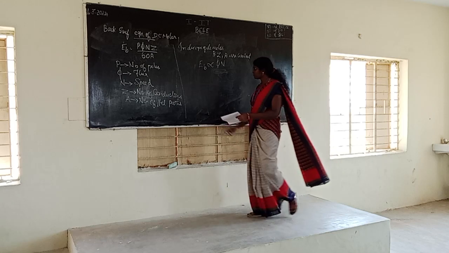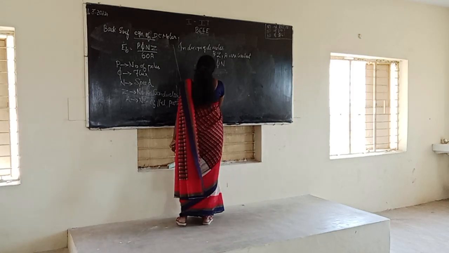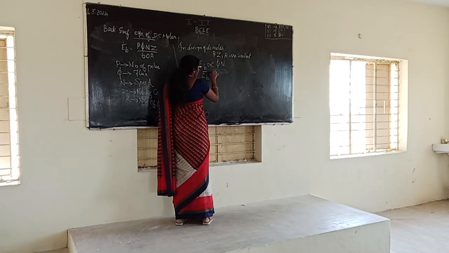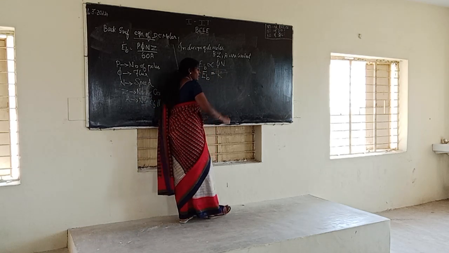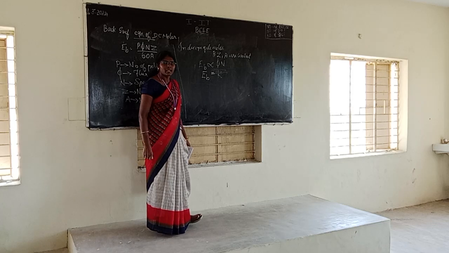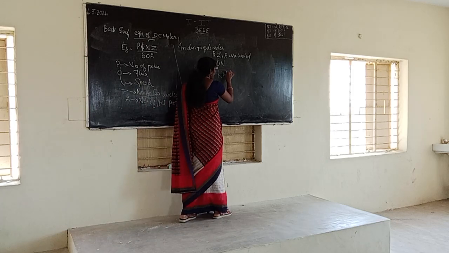Now, in order to remove the proportionality, what will we do? We introduce a proportionality constant, which we describe as K. K into N into phi.